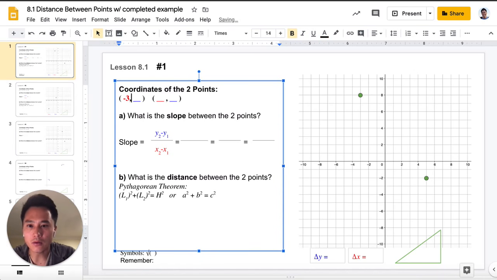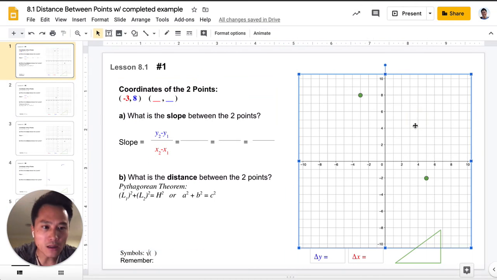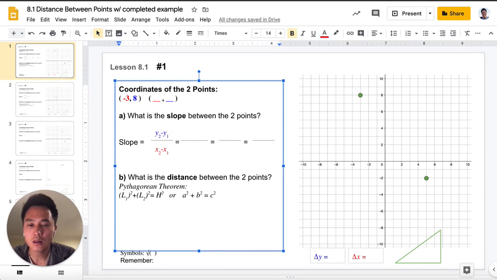X of -3, y of +8. The next point on the right has an x of +5 and a y of -2. X of +5, y of -2.